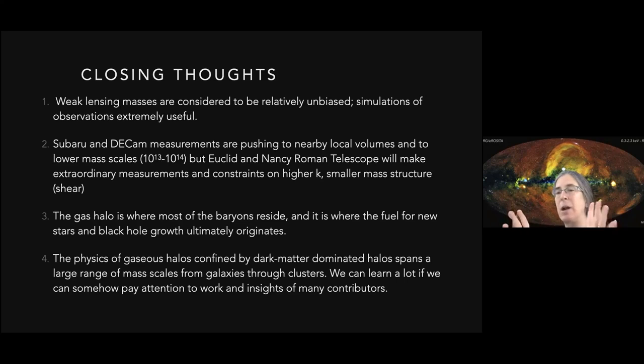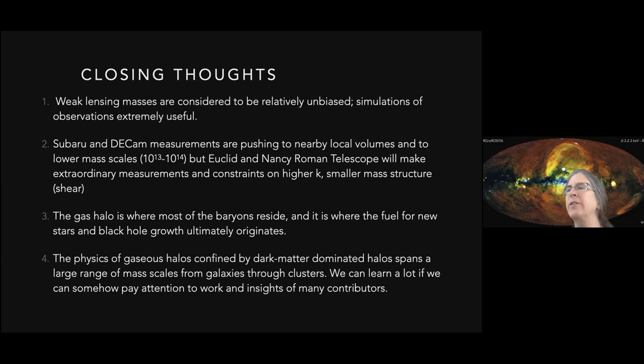I think this workshop is going to show that the CGM science is super important and it's where most of the baryons are. So I think we need to rework some pie charts as maybe one of the outcomes of this workshop.